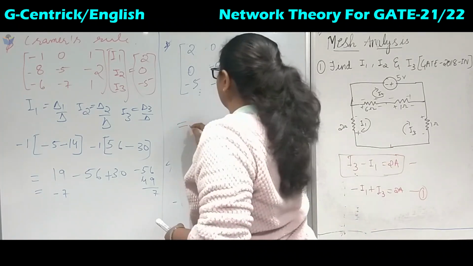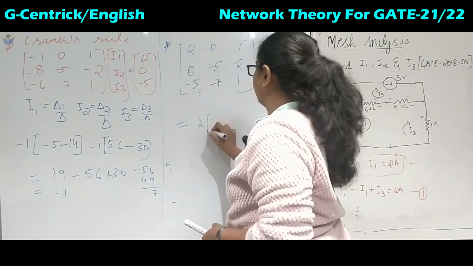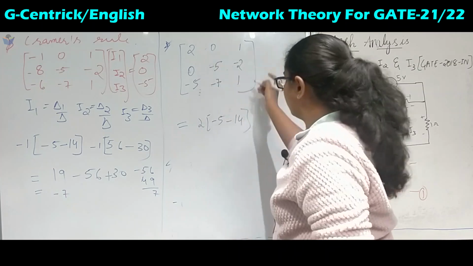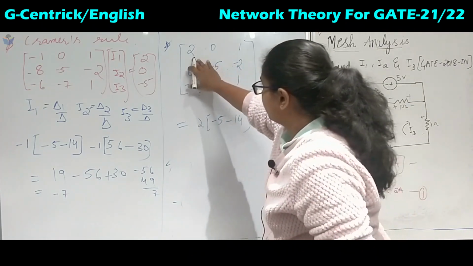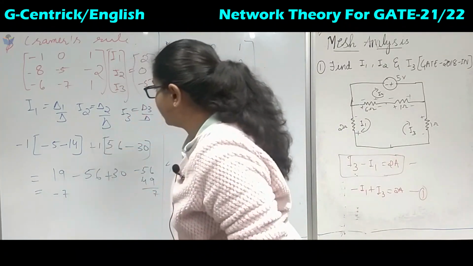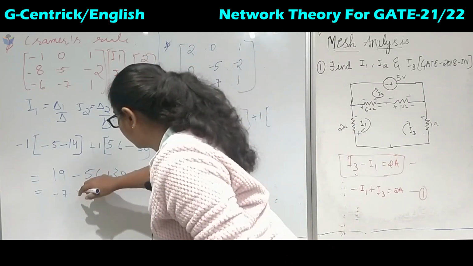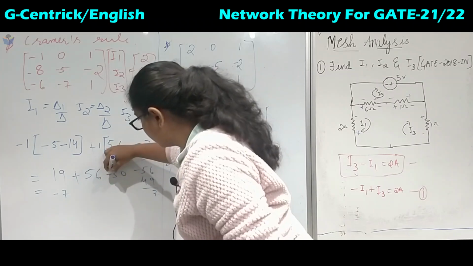Okay, so for this also we can find the determinant. So 2 into minus 5 minus 14, then 0, minus 1. So this is plus, minus and plus, so this is plus, and here I have made a mistake, it is plus. Okay, so this is minus, this is plus 56 and this is minus 30.